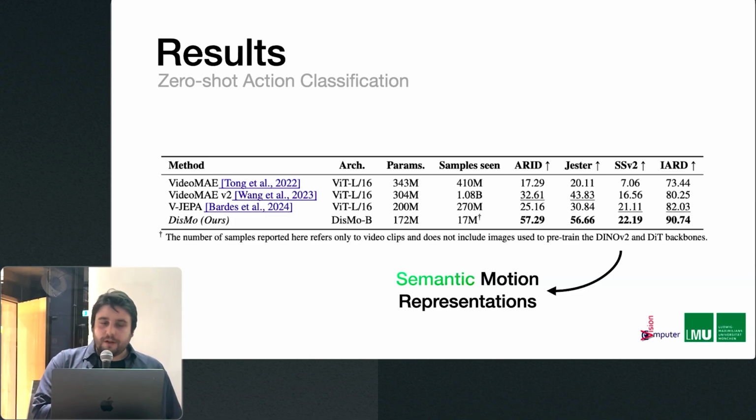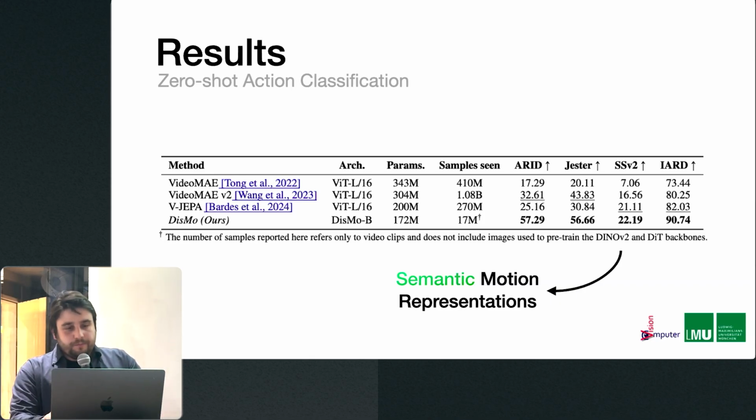We chose these datasets because they are quite motion heavy and not appearance heavy. This is, by the way, also a big problem currently for evaluating video representations. Most of the datasets are very heavily steered towards appearance. But here we can also see our DisMo beats the other baselines, which is a nice hint that the motion space that we learn is actually also quite semantic.